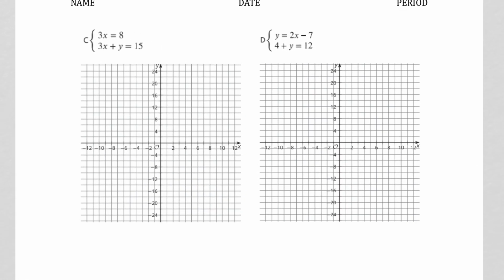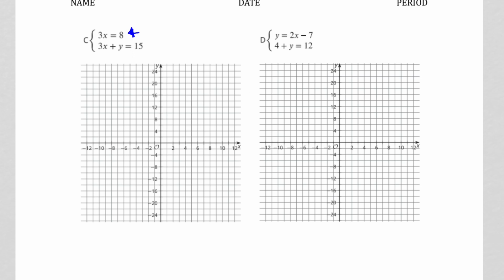All right, we have 3x equals 8. Can I graph this equation the way it is? No. What do I need to do? Do I have two variables?